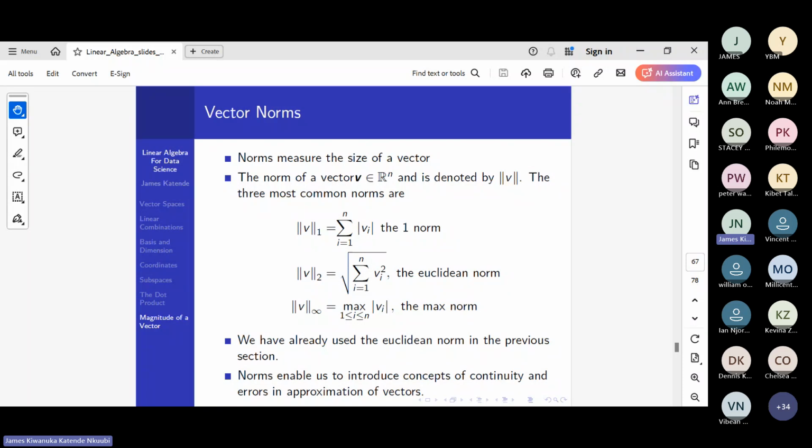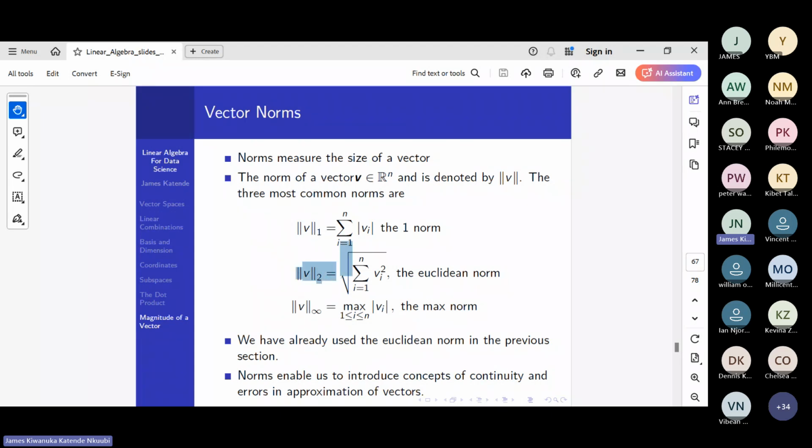If you did metric spaces at the University of Nairobi, I think you covered them in third year, SMA 301. So here, don't overthink this. They're just different ways of measuring distances.